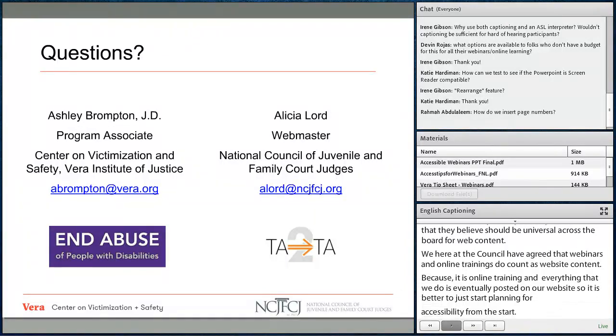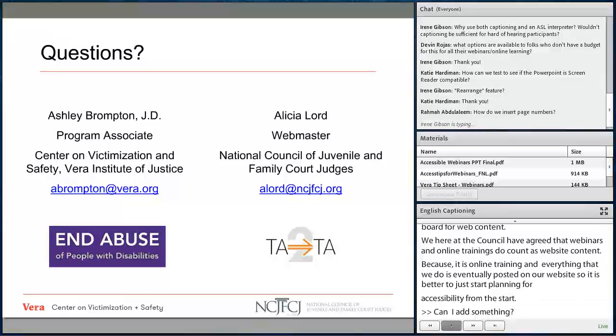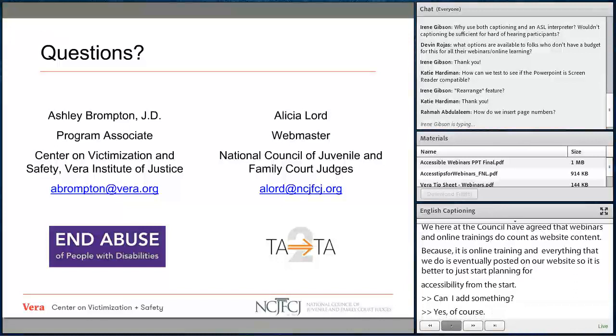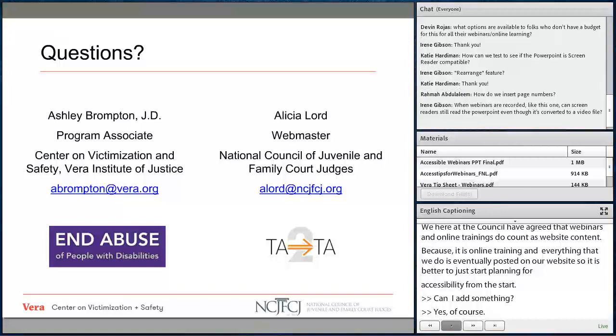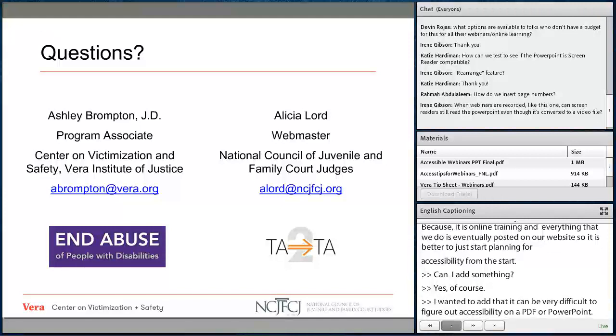Yes, of course. I just wanted to add that it can be very difficult to figure out accessibility on PDFs and PowerPoints. I know when I first started doing this, it took me a really long time. My biggest suggestion would be to go in and play with them and just start figuring things out.